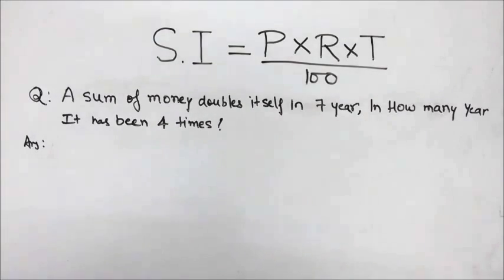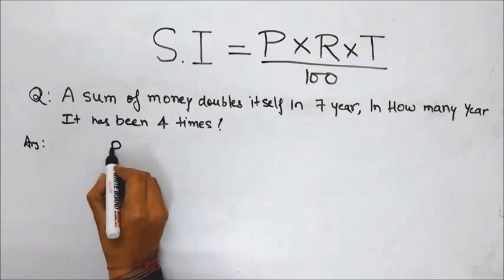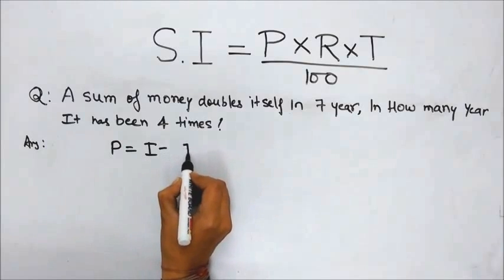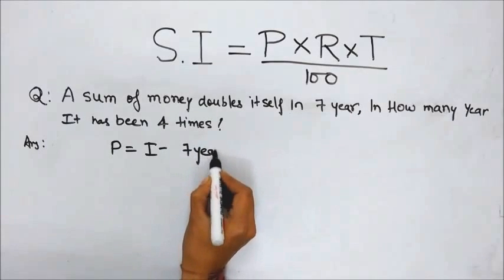Now have a look at another question. A sum of money doubles itself in 7 years. In how many years will it become 4 times? Let's have a look at the first part of this question. A sum of money doubles itself in 7 years. That means principal is equal to interest in 7 years.